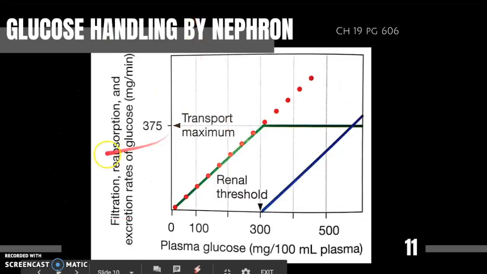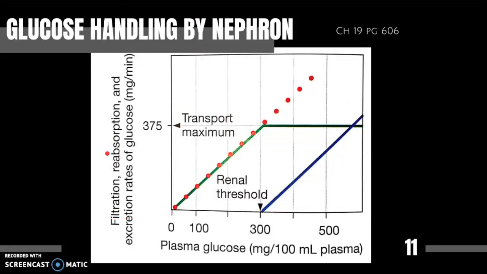And here you can kind of see how glucose is handled by the nephron, and usually like I said, the filtration rate of glucose from plasma to Bowman's capsule is proportional to the plasma concentration of glucose. So the filtrate glucose concentration is always equal to the plasma glucose concentration.